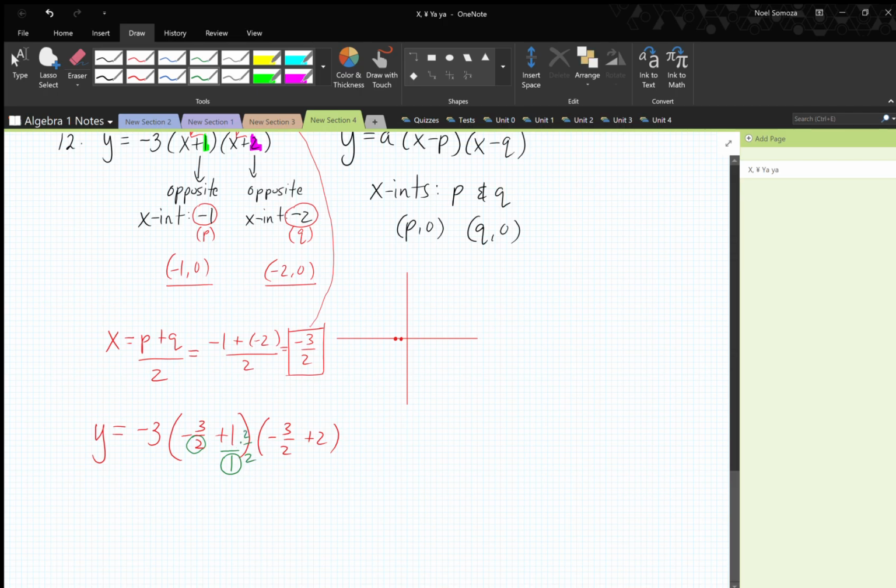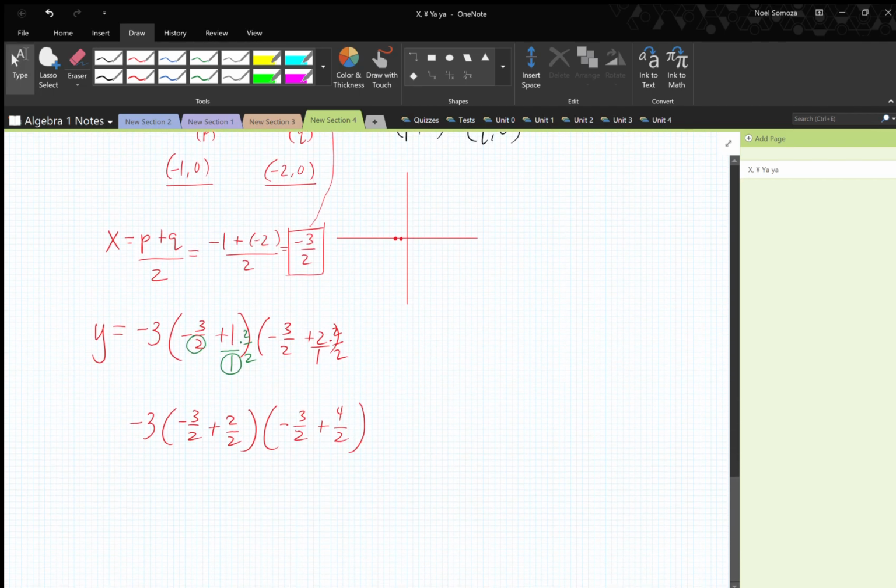Now what I'll get is negative 3 times negative 3 over 2 plus 2 over 2, times, same thing over here. I want to put a denominator of 1 underneath the 2, but since the denominators are not the same, I need to multiply by 2 over 2. So now that gives me negative 3 over 2 plus 4 over 2.